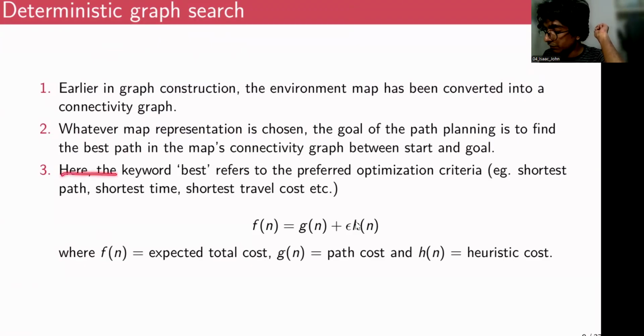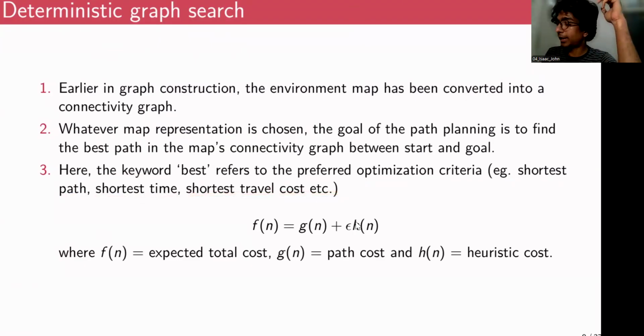So here, the keyword best refers to the preferred optimization criteria, right? It does not have to be a single criteria. It could be the shortest path, it could be the shortest time, it could be shortest travel cost, etc.